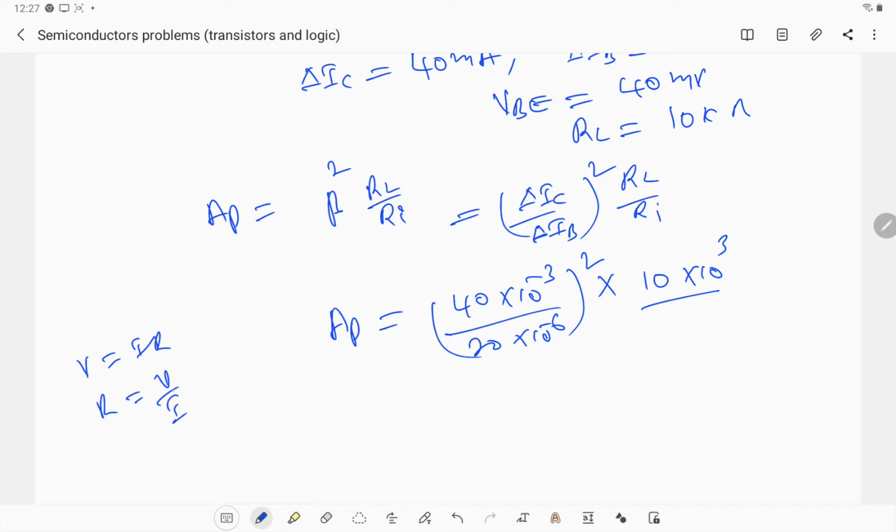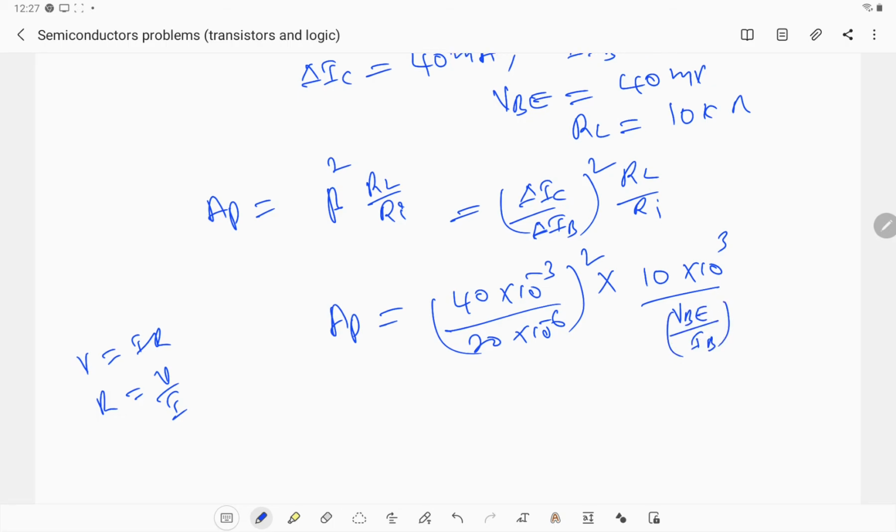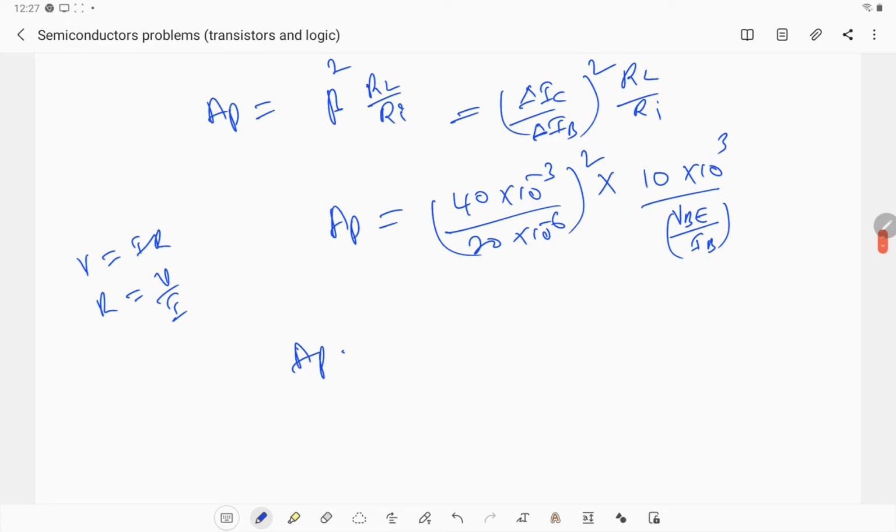Therefore, here input resistance is input potential VBE by input current IB. See, from this, AB is equal to 42 times minus 3 minus 3.